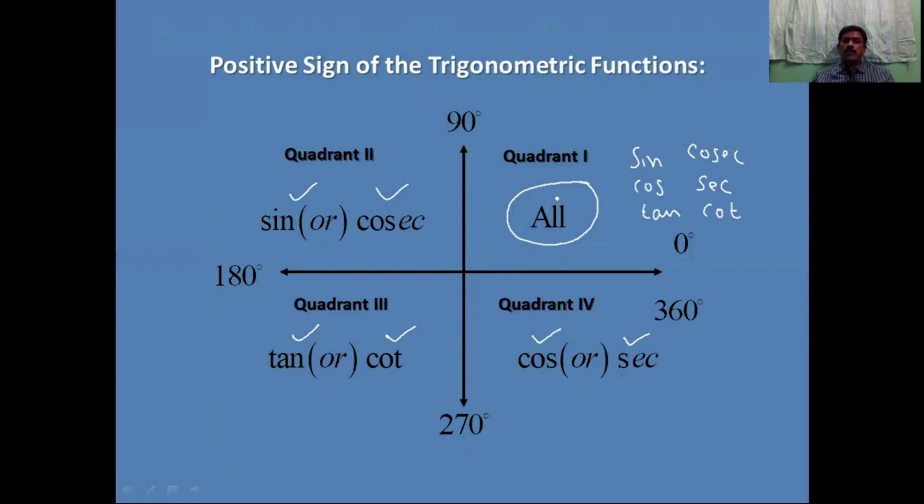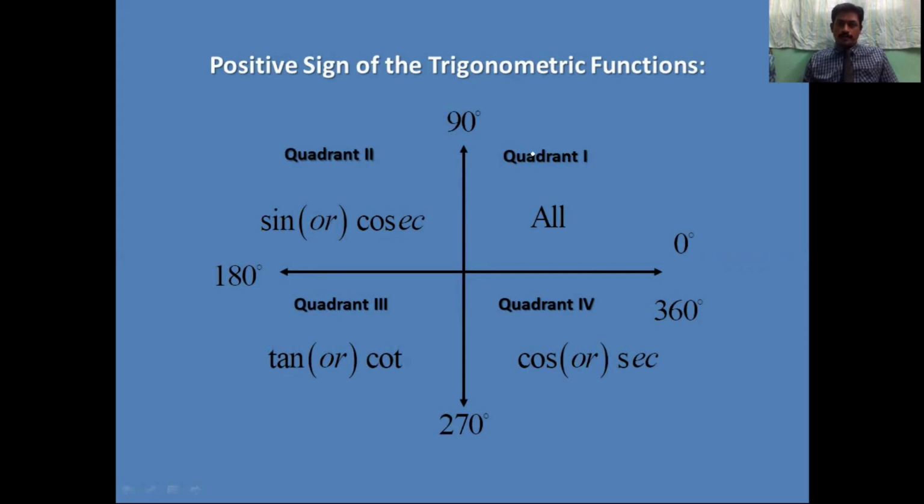What is meant by first quadrant? The angle from 0 to 90 is called the first quadrant, and the second quadrant is 90 to 180, the third quadrant is 180 to 270, and the fourth one is 270 to 360. How to remember this quadrant? So here, all, you can keep that as all only.